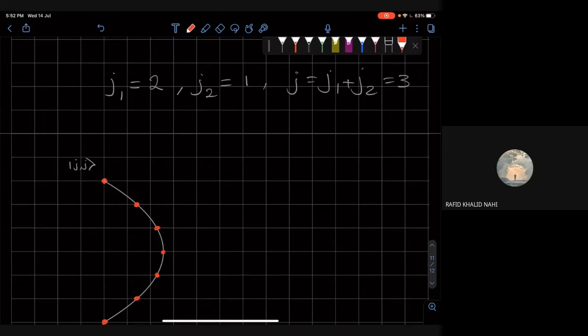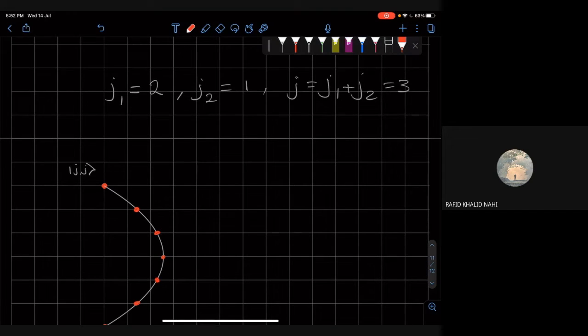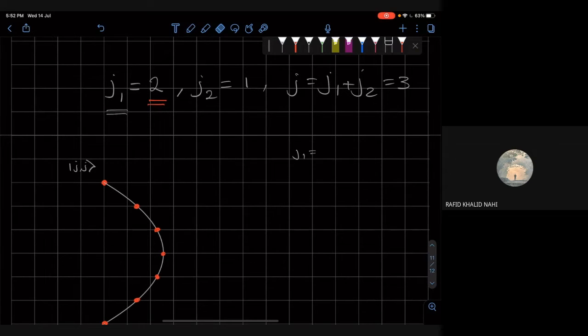So I assume that J1 was 2. Then how many dimensions is this multiplet going to have? The dimension of that multiplet is going to be 2J plus 1, right?